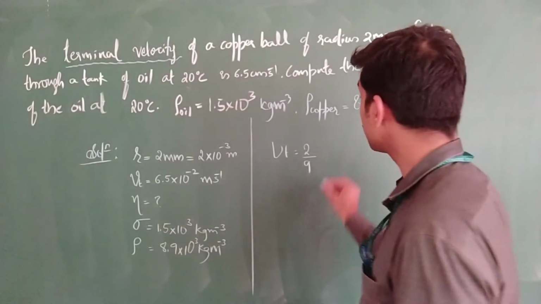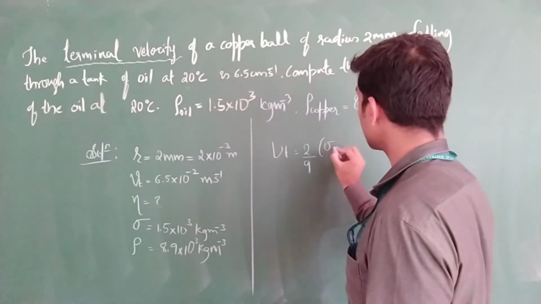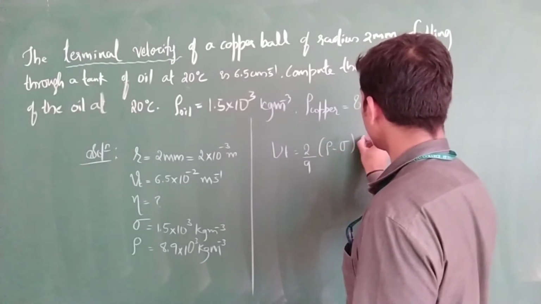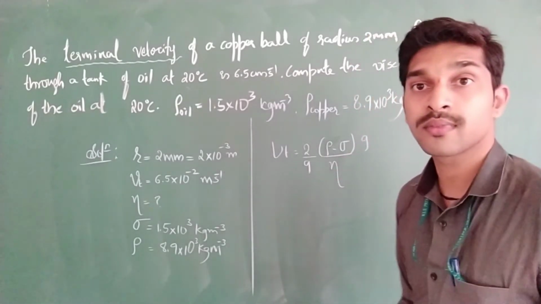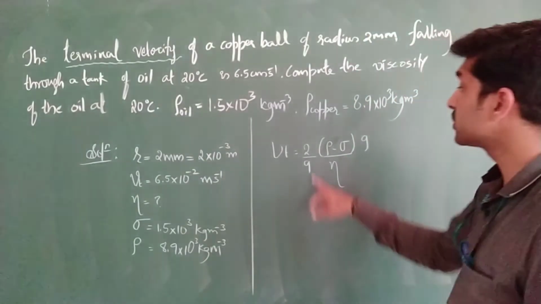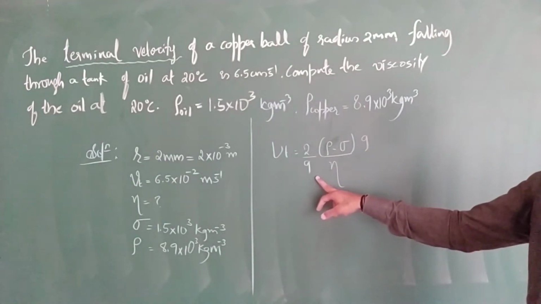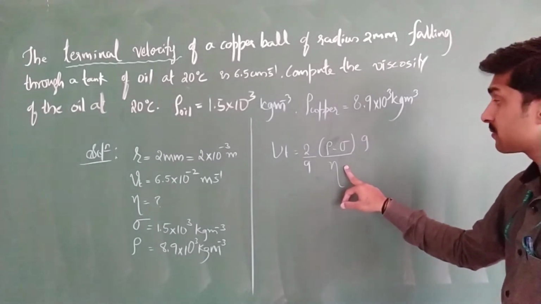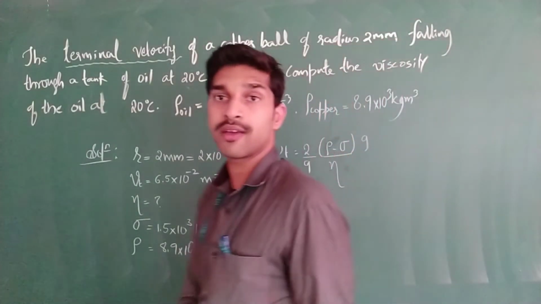Vt is equal to 2 by 9 into (rho minus sigma) into g divided by eta. Correct? Clear? So now we want this eta value.